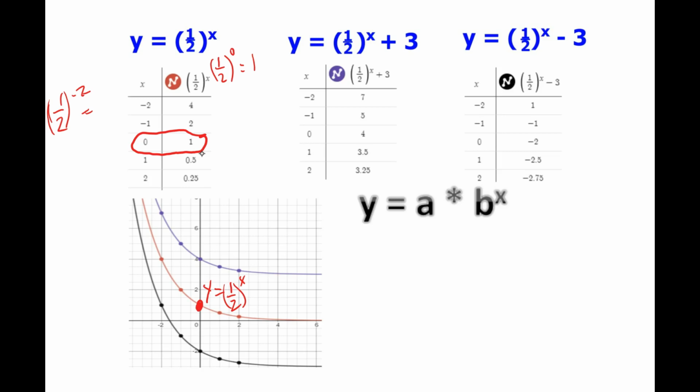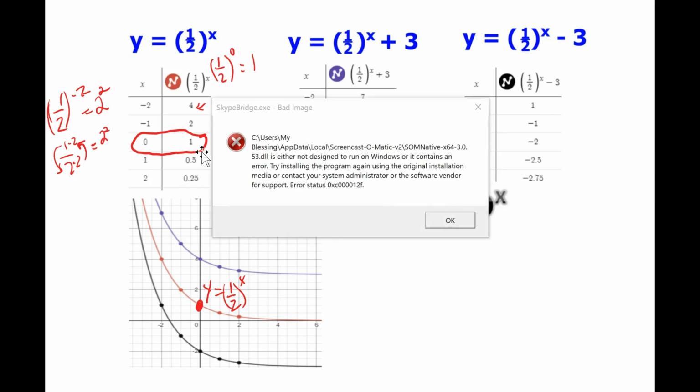Flip the base of 1/2, which becomes 2, and the exponent becomes positive, which gives you a positive 2. And so 2 squared is 4. That's where this number comes from, right there. And I know we can distribute. We can get 1 over 2, negative 2, negative 2. Flip both bases. You come down here and square, you come down there and square. That's going to give you 2 squared over 1 squared, which ends up being 4 still.